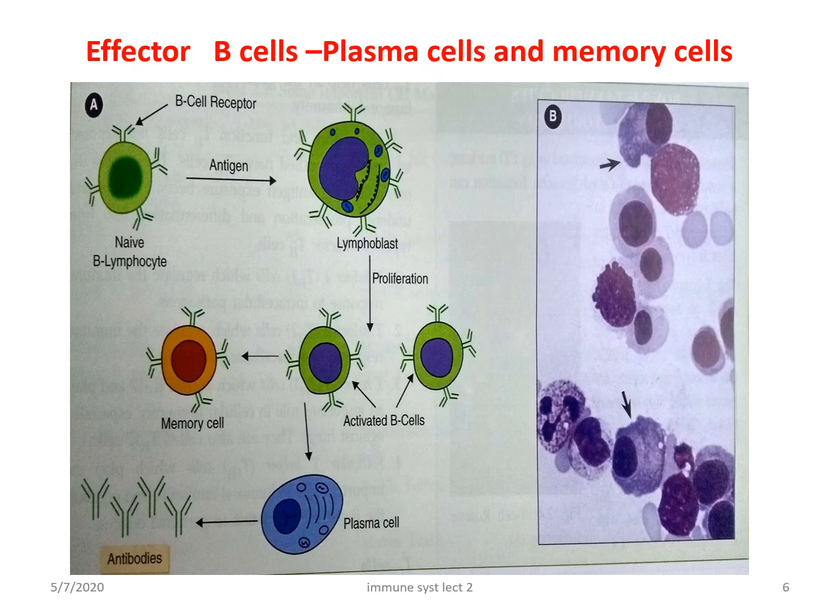And this activated B cell enlarges, called lymphoblast, undergoes proliferation to give rise to a clone of activated B cells. These activated B cells differentiate into two types of cells, the memory cell and the plasma cells. The plasma cell is the cell which produces the antibody.